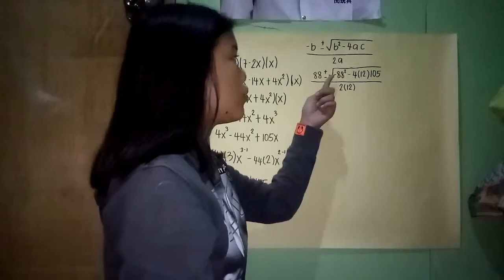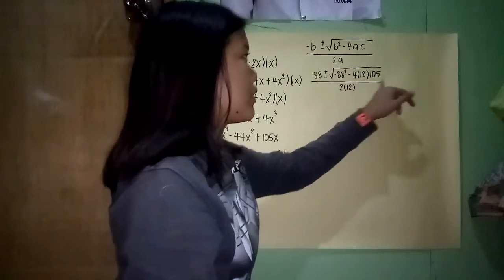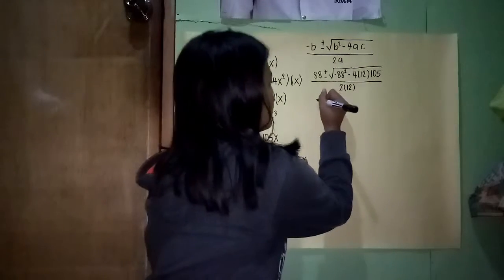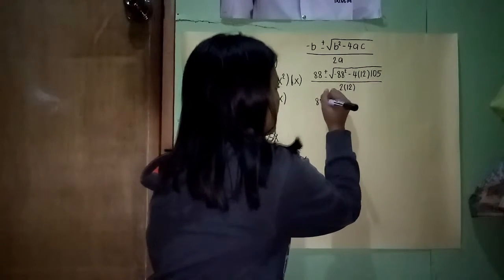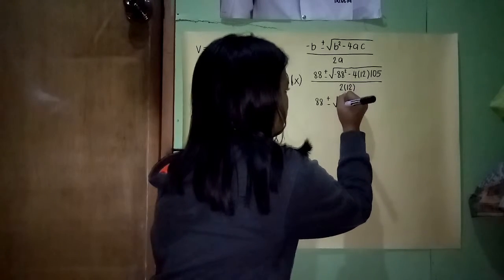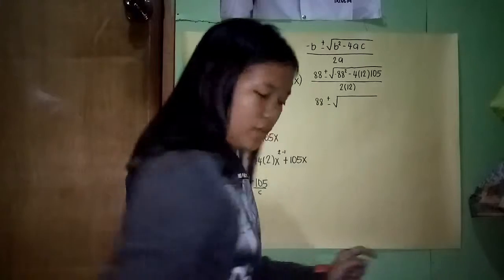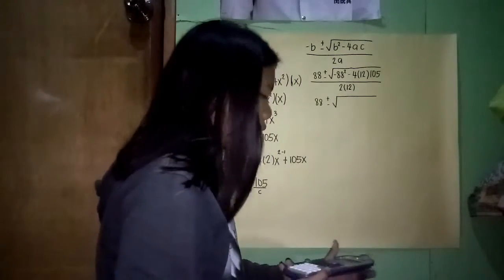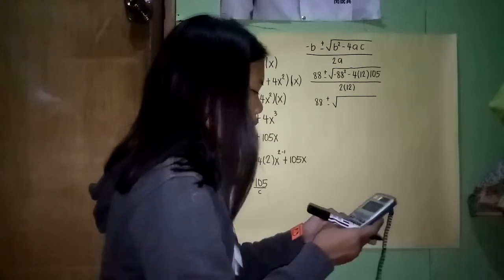So we are going to solve first the expression inside the square root. Negative 88 squared is equal to 7,744.